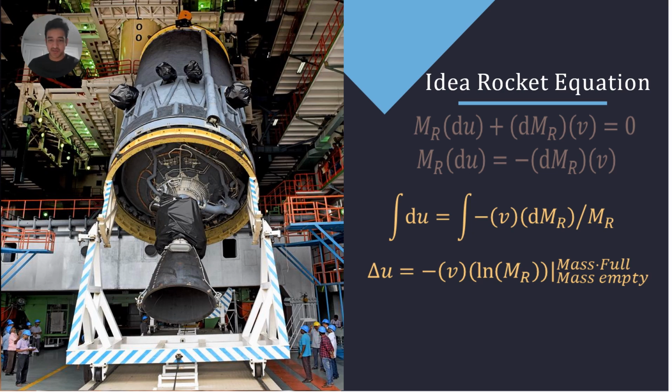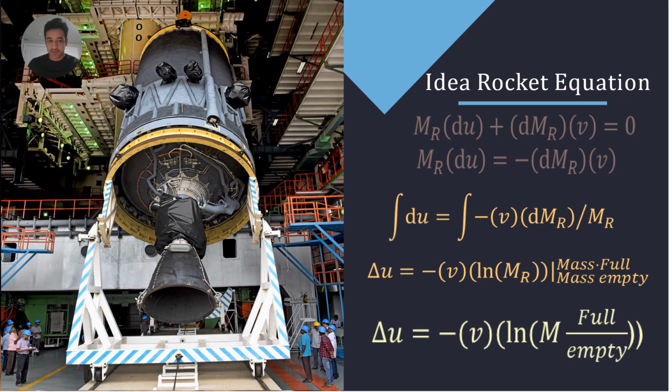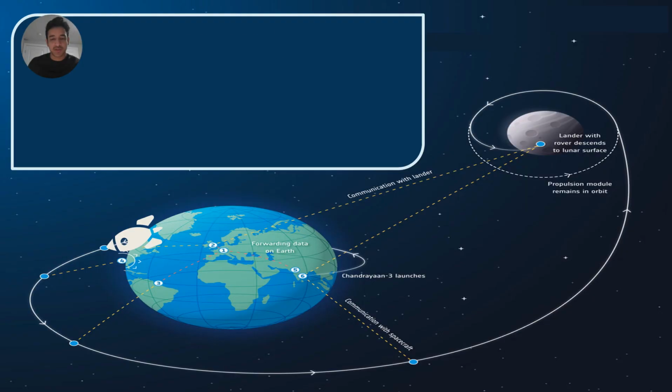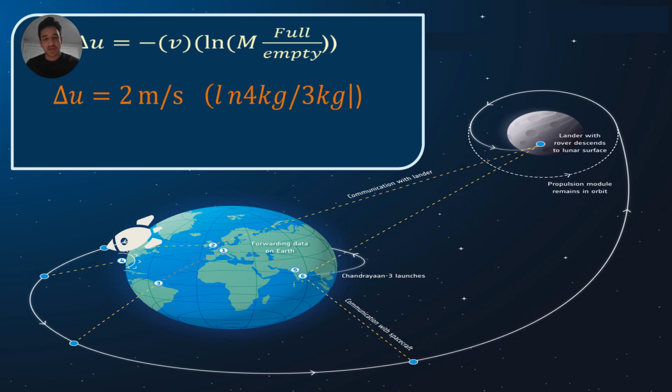We use the reciprocal rule and set the limits from mass empty to mass full, and then we get this formula. So just for example, here we have this formula, and I put random numbers into it, and we got the velocity the rocket should have. And I can send my rocket to the moon now.